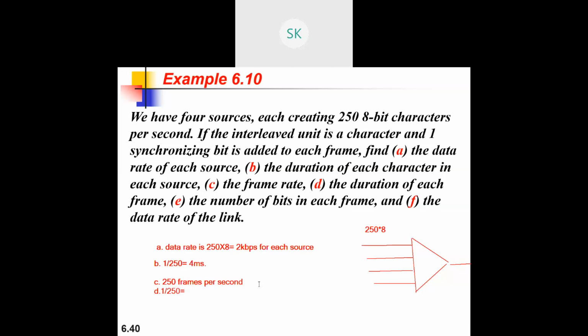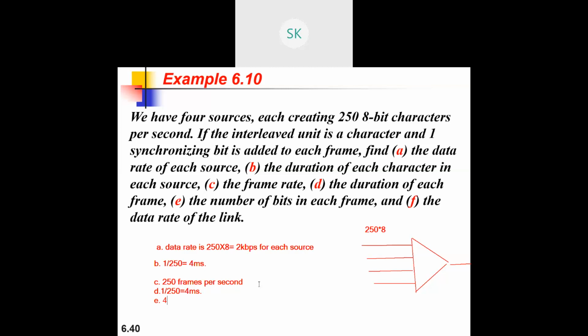So each one is carrying what has been given. Here 250 characters from each source, each 8 bits. So 250 into 8 will be the bit rate for each channel. For the whole input, the whole data rate will be 2 into 4, that is 8 kbps. But unfortunately, they have asked only for each source. So the answer for A is 2 kbps, the data rate for each source.